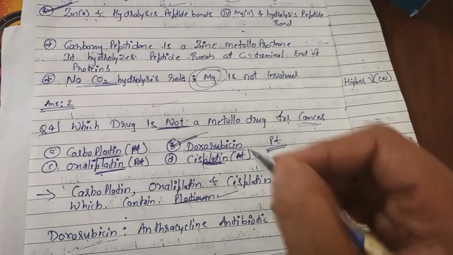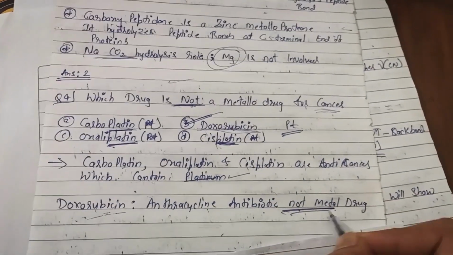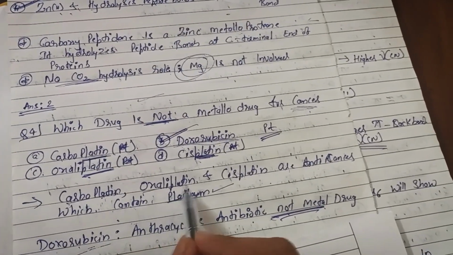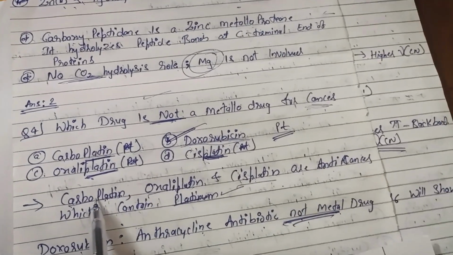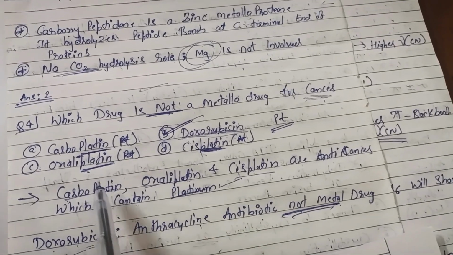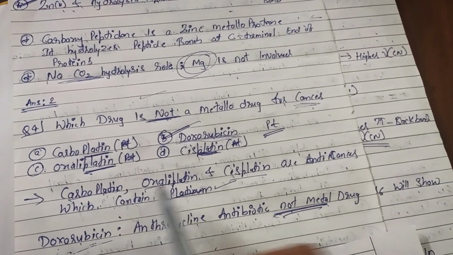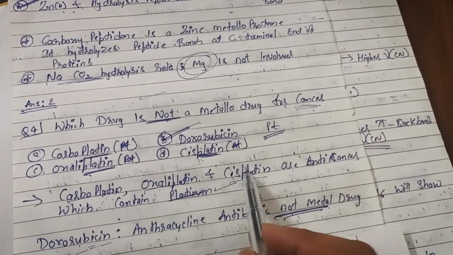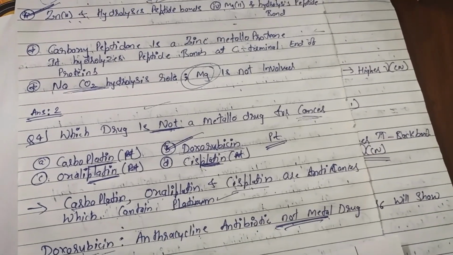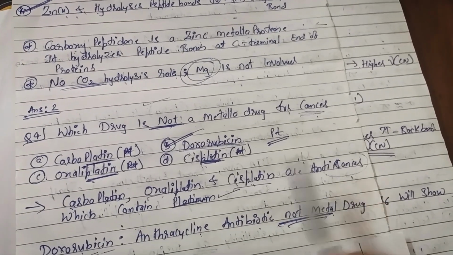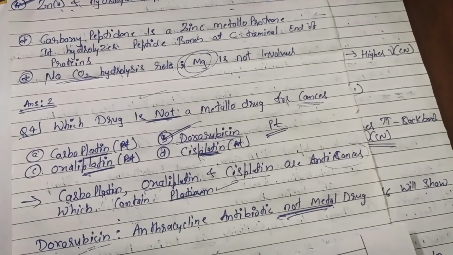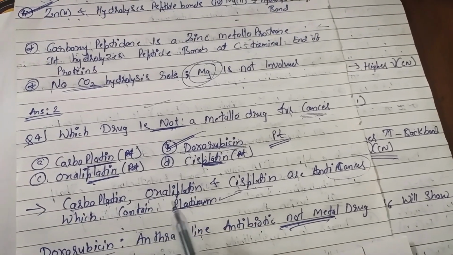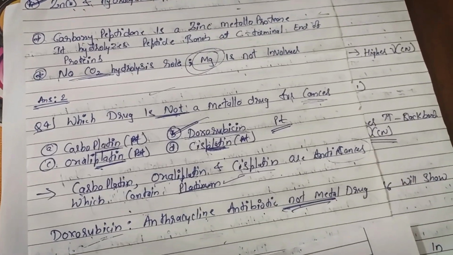This will also be helpful for your future, because they can ask which metal is present in carboplatin, oxaliplatin or cisplatin, or for which disease these drugs work as medicine. So these are questions that may be expected in the future.